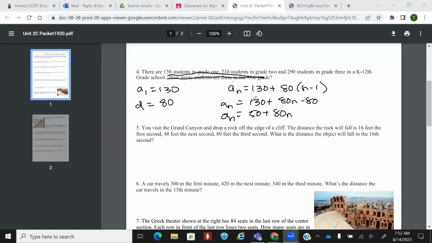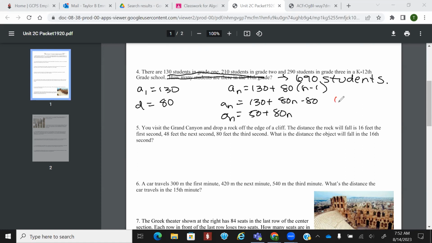Looking at this, let's say I wanted to figure out which grade had 690 students in it. How would I go about solving this? I would take 690 and set this equation equal to it, right?